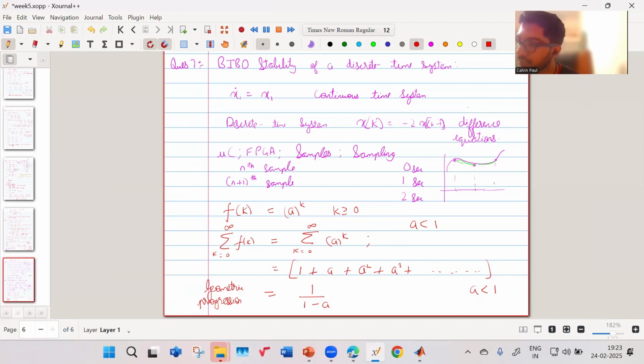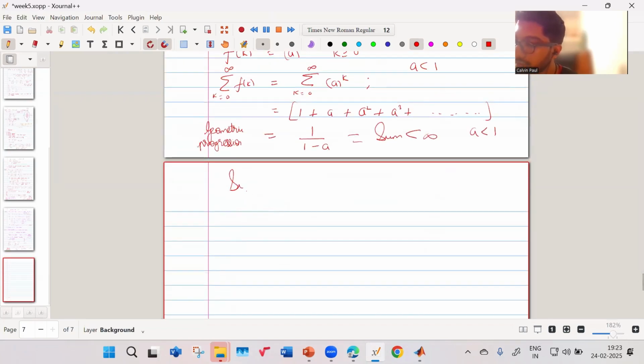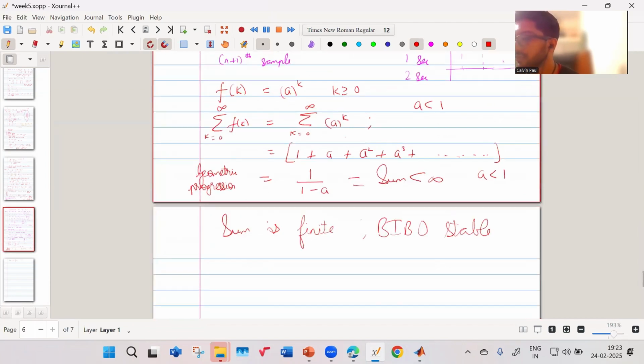So this sum is always less than infinity; this sum is finite. Hence we can say that it is BIBO stable.